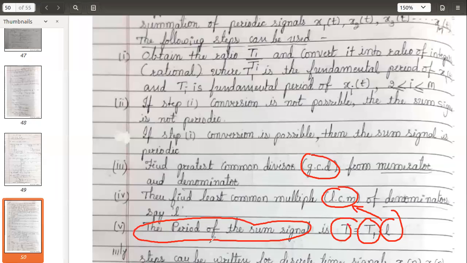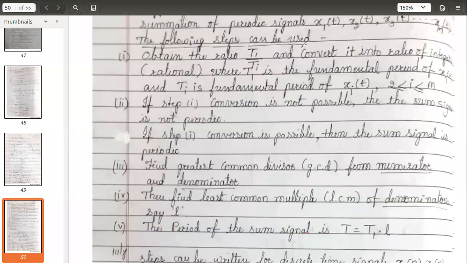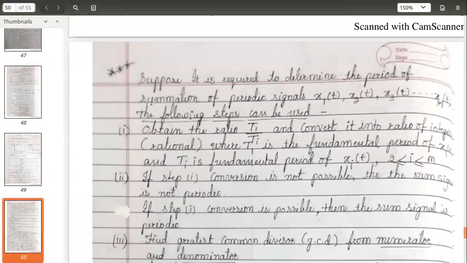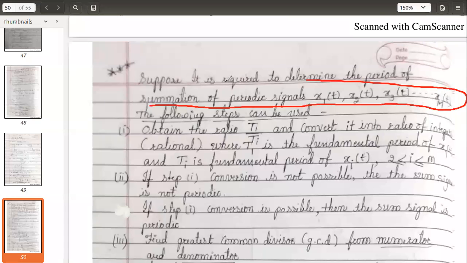Okay, these are the steps to be followed to find the period of such a signal, which is the sum of periodic signals. So you should be very much sure. In the question, they will not tell you to apply the 5 steps and find the period. The question will not be like that. How will they mention the question?